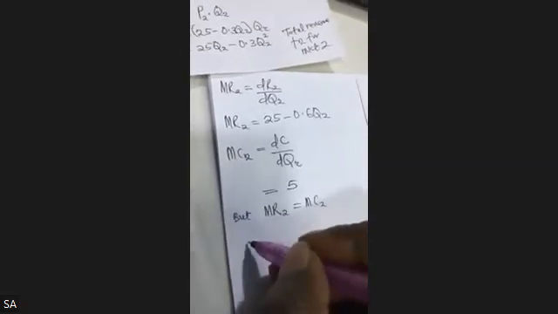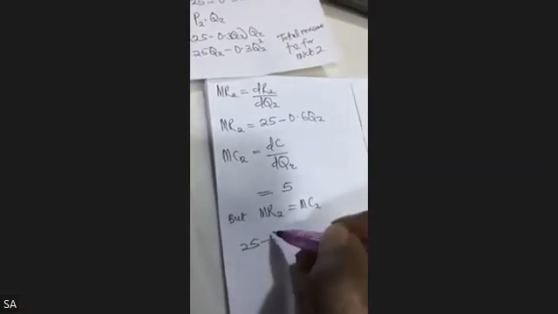What is MR2, class? 25 minus 0.6 Q2 equals 5. So 25 minus 5 equals 0.6 Q2. This will be 20 equals 0.6 Q2. So I can divide both sides.